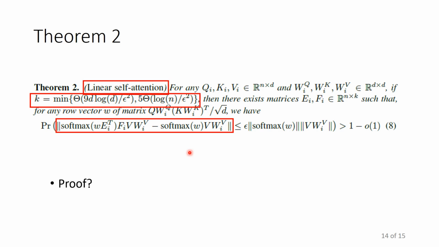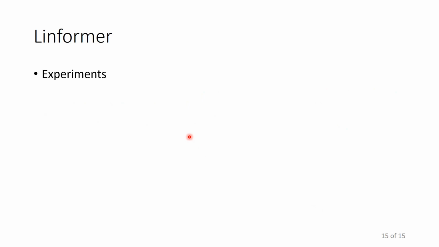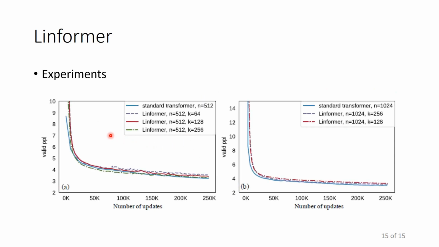They proved this again by the distributional Johnson-Lindenstrauss lemma, which I explained. They performed some experiments on Linformer, and as you can see here, they are comparing it with the standard transformer with sequence length of 512. As we know, the standard transformer's complexity is n squared, right? But here, Linformer uses n by k. The order is linear, n by k, right?